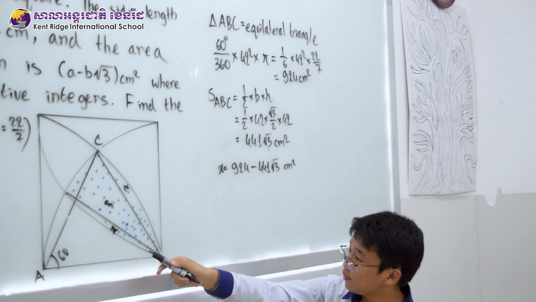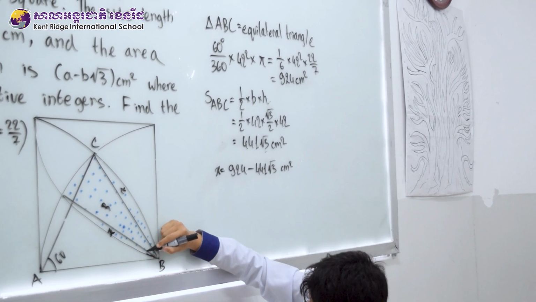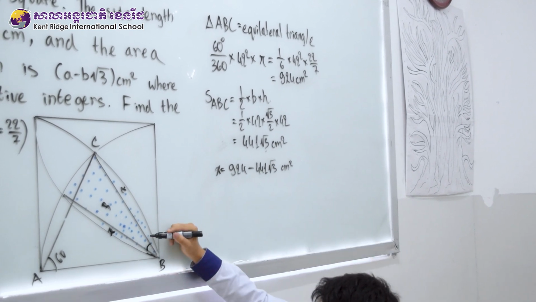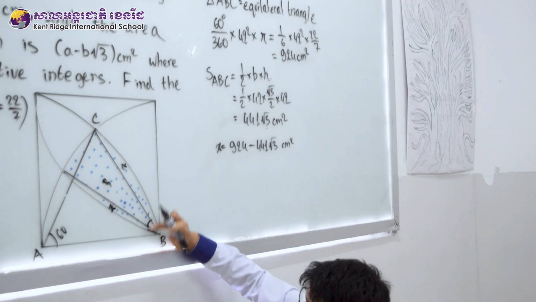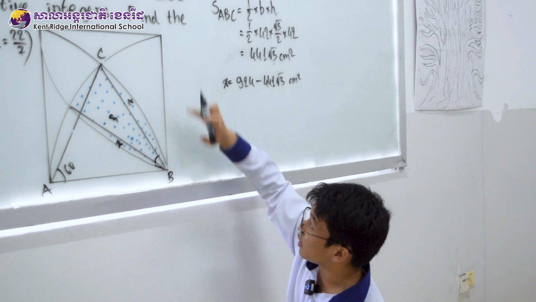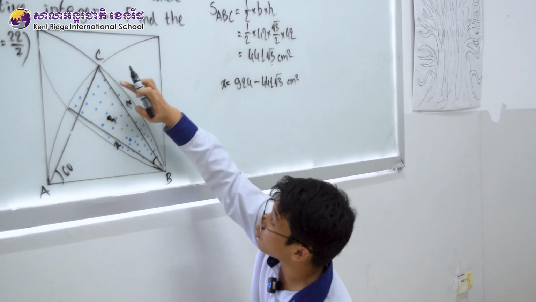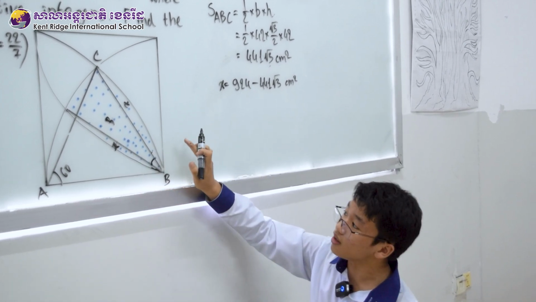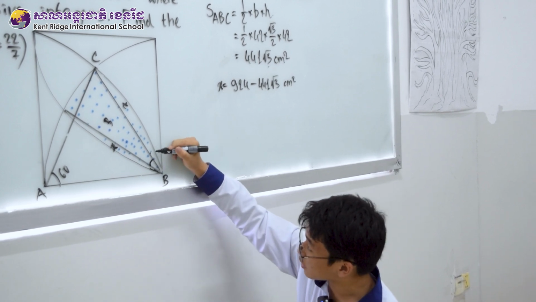So now let's find B. In order to find B, we must find the angle here. In order to find the angle here, we must know what angle this part is and what angle this part is. We can know what angle this part is because the angle of a square is 90 degrees and the angle of the equilateral triangle is 60 degrees. So when we take 90 minus 60 degrees, we'll get 30 degrees. So we know that this part is 30 degrees.